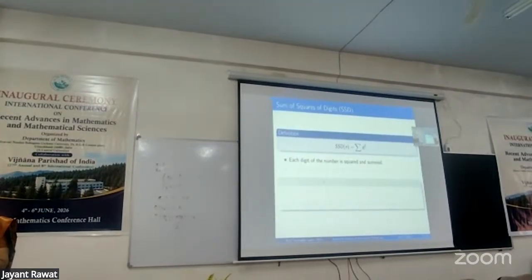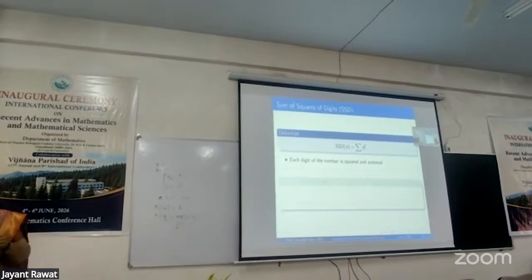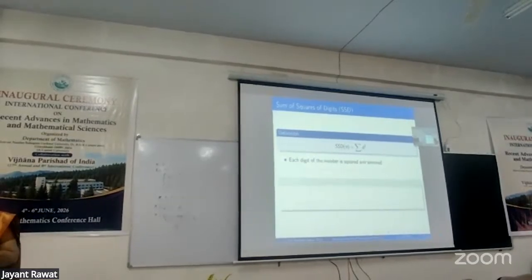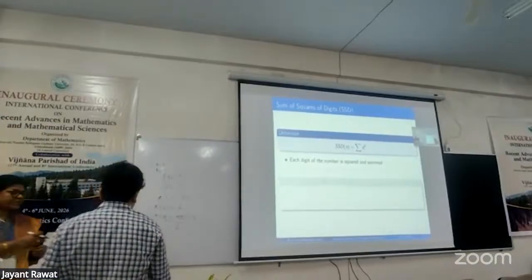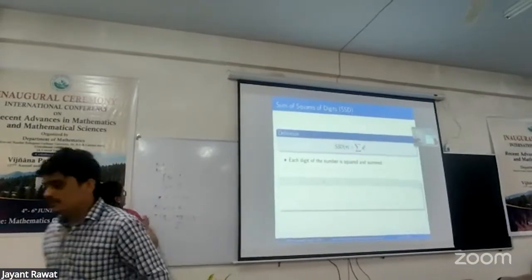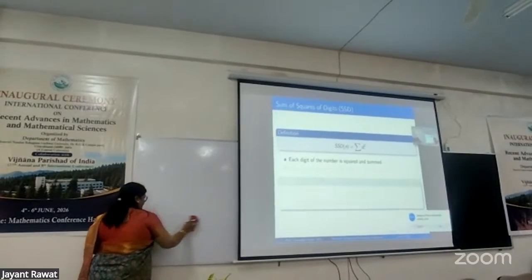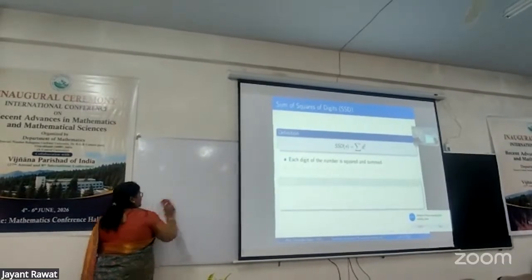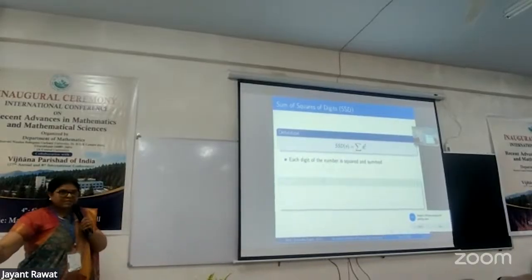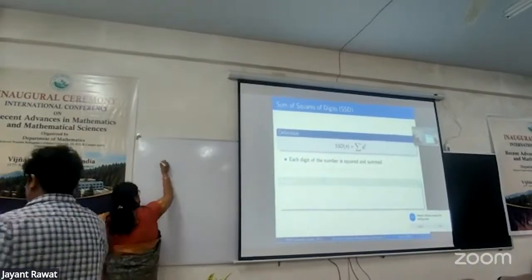Now comes SSD, sum of the squares of digits. So what does it mean? Before this, I just want to explain what is junk.